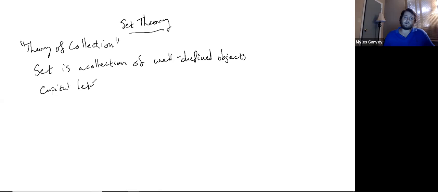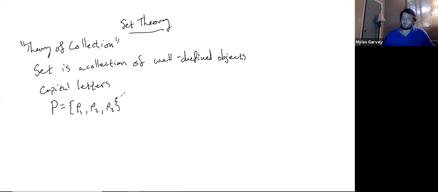So for example, I might talk about the collection of all pillows I have in my house. I might represent that collection with the capital letter P, and I may say that this is equal to pillow 1, pillow 2, pillow 3. Suppose I only have 3 pillows in my house.